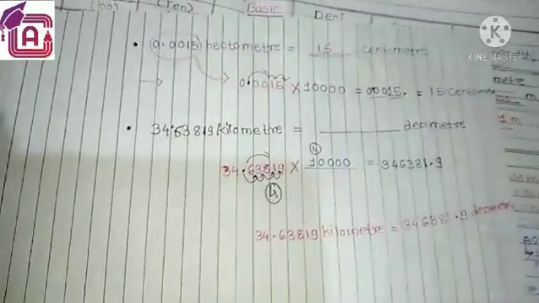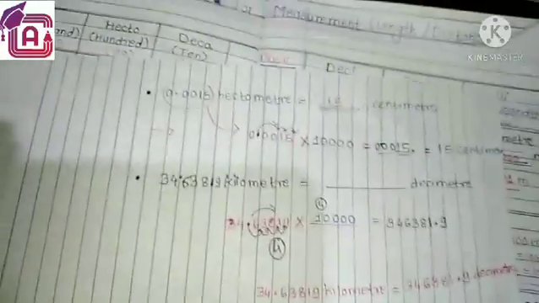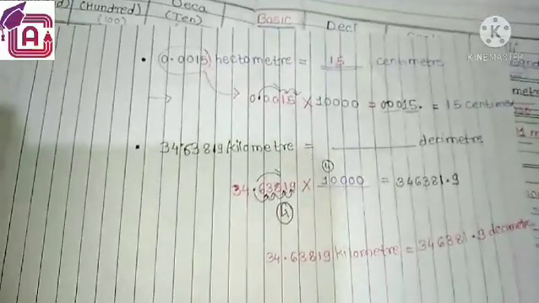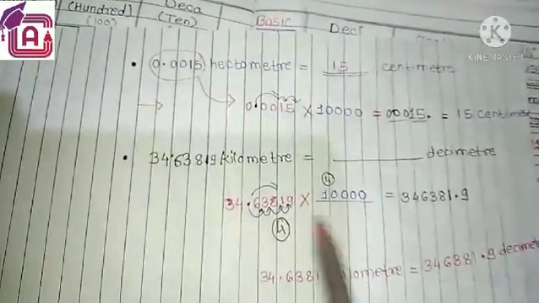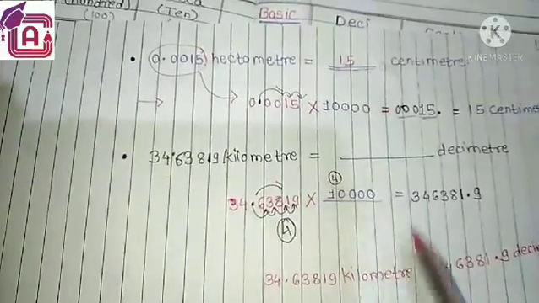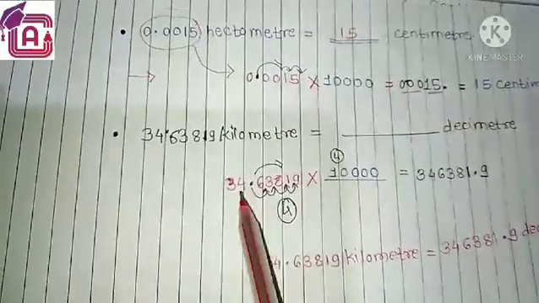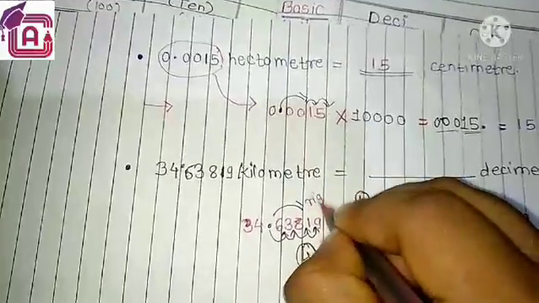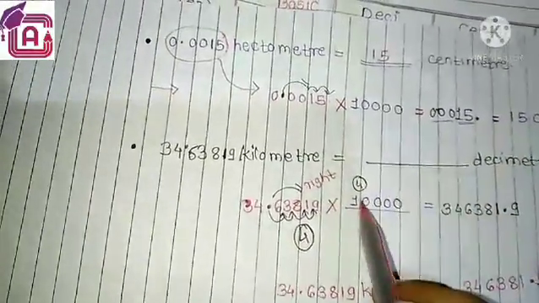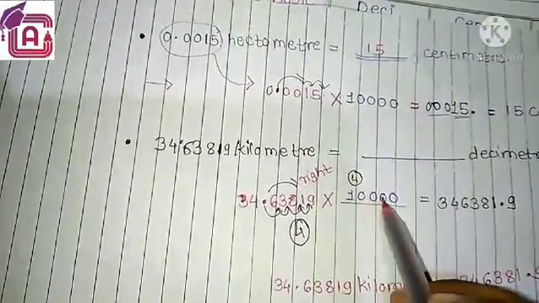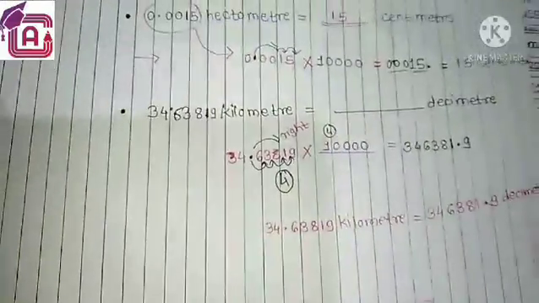This is the answer. So when you have to perform this multiplication, shift your decimal point towards the right-hand side. And how many places? The zeros present on the 1. That many places you have to shift.